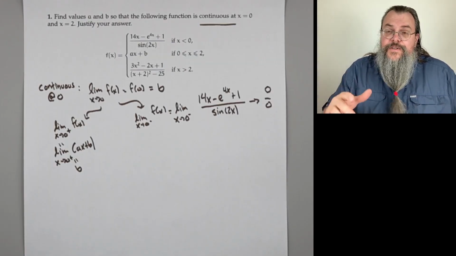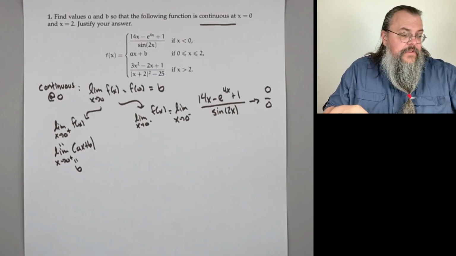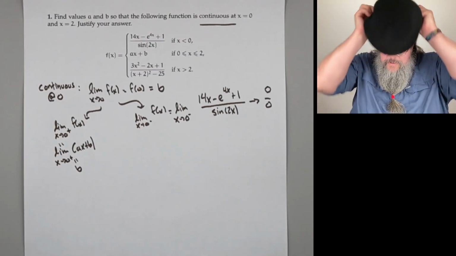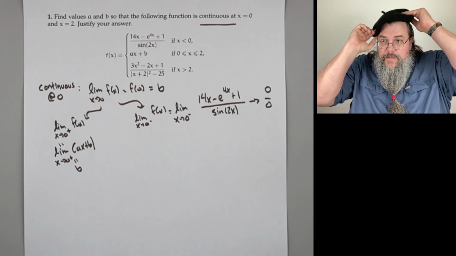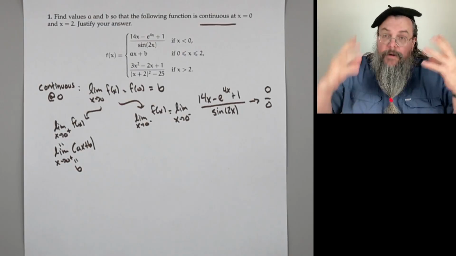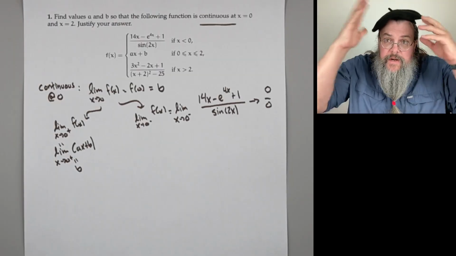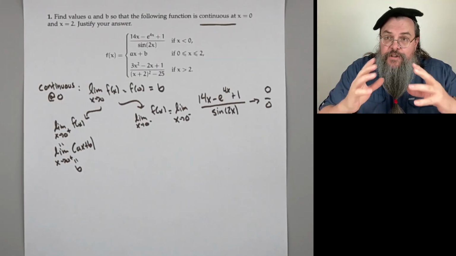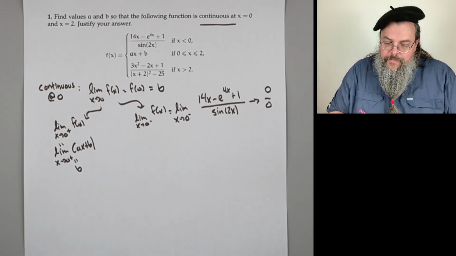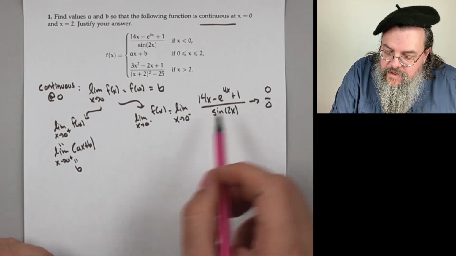And in particular, 0 over 0 is fantastic. So we channel our inner l'hôpital. During the test, we may not be able to do the full thing. You do not need to wear a beret to be able to channel your l'hôpital, but you know the spirit. Okay, so we go into 0 over 0.